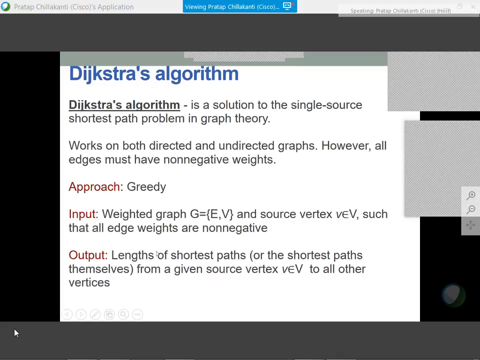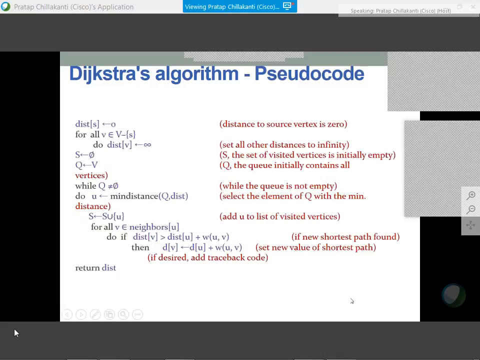Okay. So the output is the length of the shortest paths from a given source vertex to all other vertices. If you actually look at the Indian Railways distance maps, it kind of shows something similar. If I'm not mistaken, go check out the Indian Railways website.